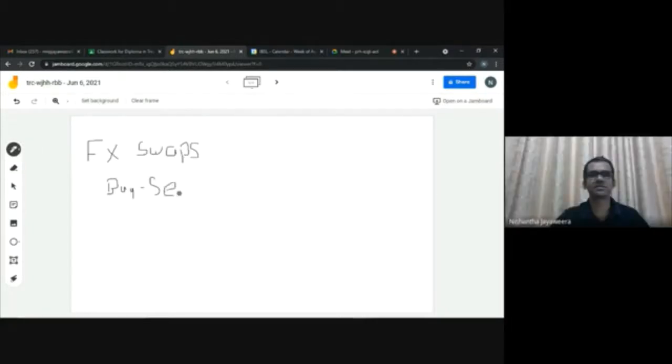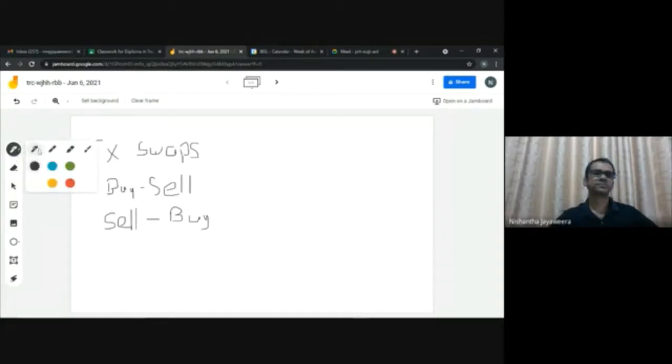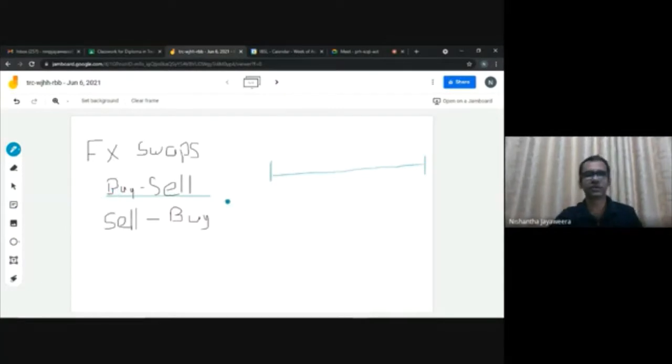What's the difference? What does it mean by buy sell? So this is a combination of generally spot and forward transaction.